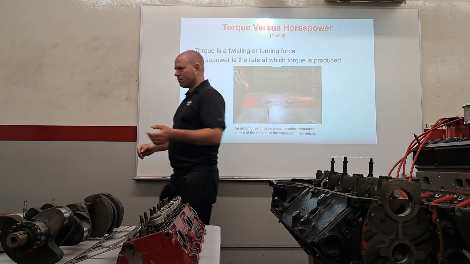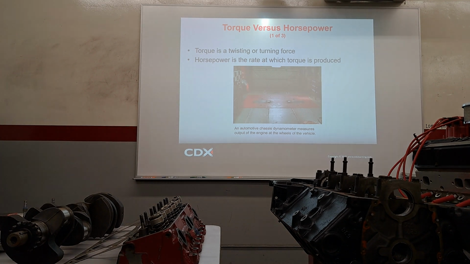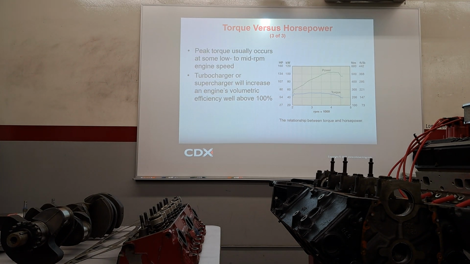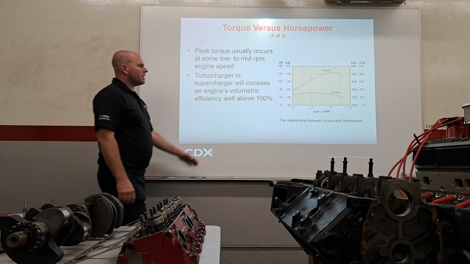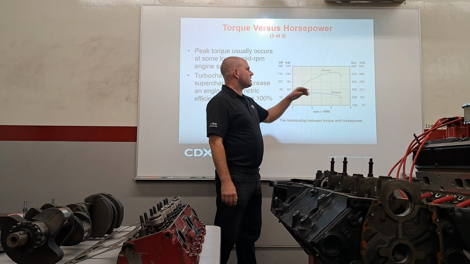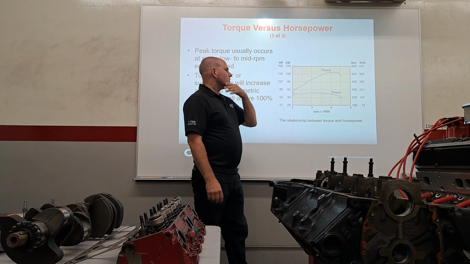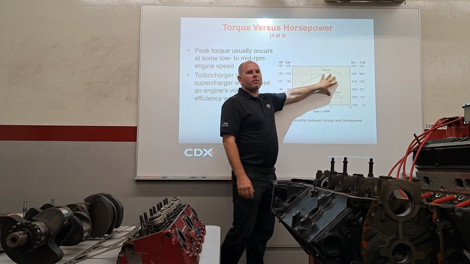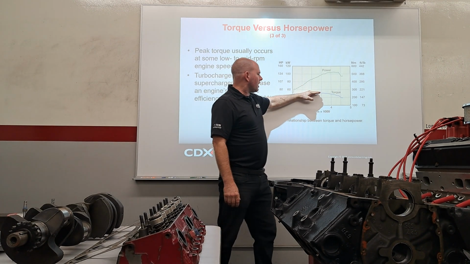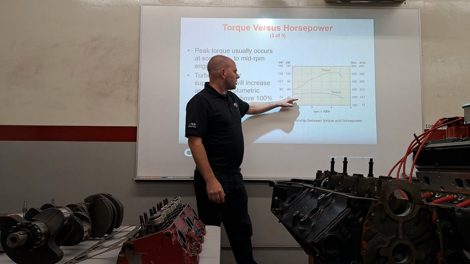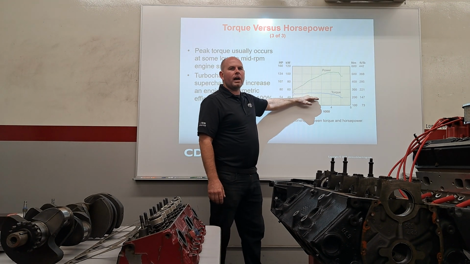Make sense? It can do both. All right, cool. And here's your chart. This one to me is a little bit sad. This reminds me a little more of a bike. You actually got a pretty healthy torque curve right here, but you notice your torque never really gets that high.